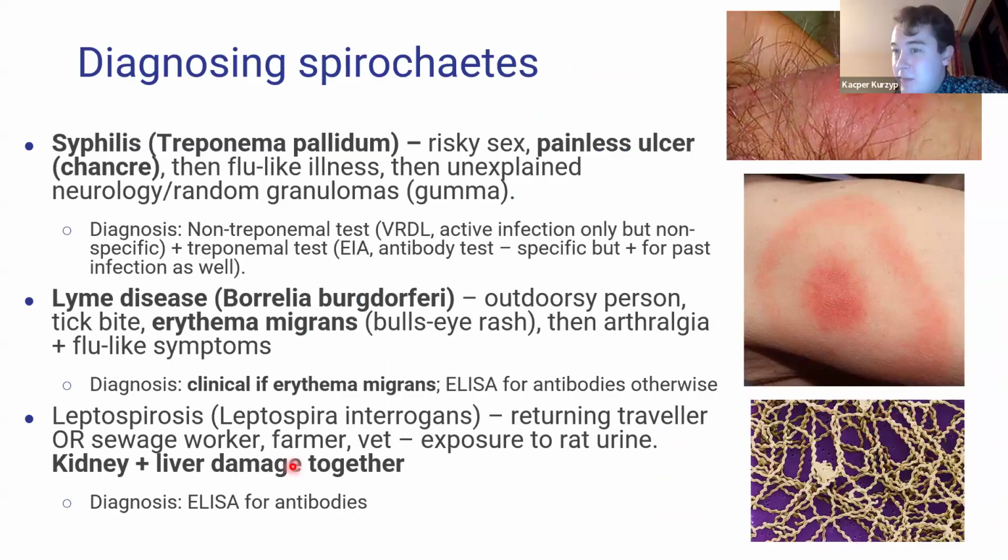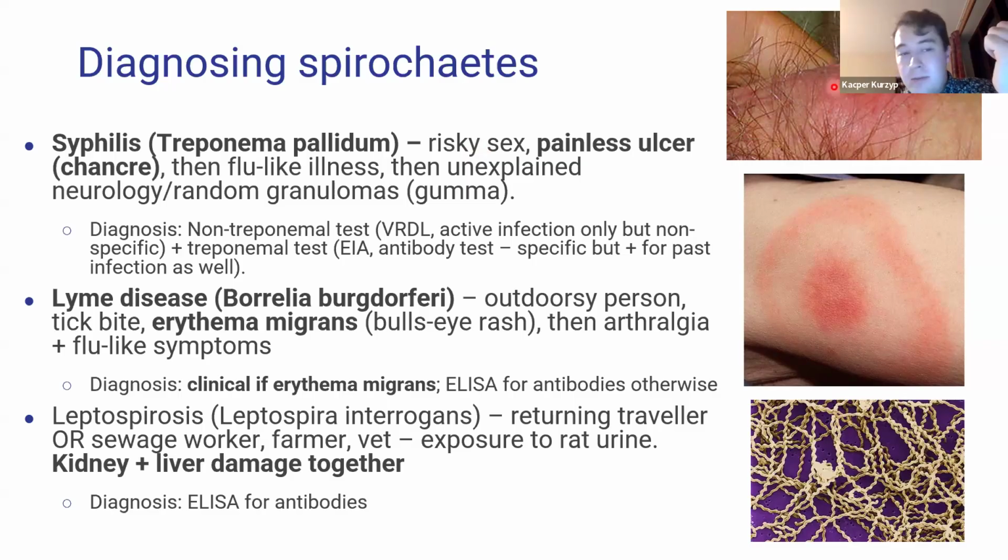Spirochetes, as I said, they don't talk to you about that much in lab med, but it's relevant because it is in the syllabus. Syphilis or Treponema pallidum, which is the bug that causes it. It is an STI, so the risk factor will be risky sex. It presents in 3 stages. Stage 1 is the painless ulcer on the area that got infected, known as the chancre.